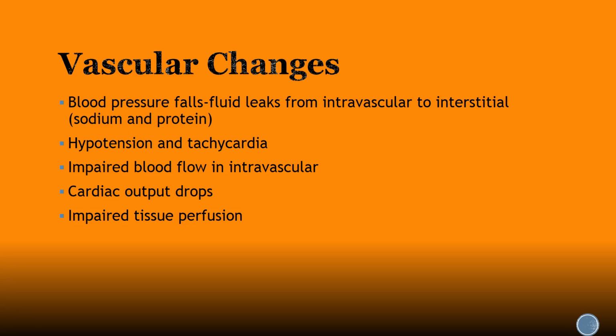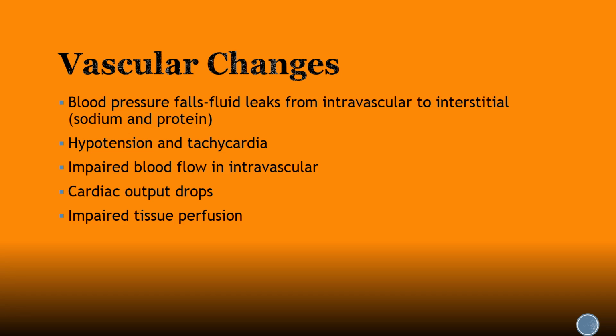I mentioned impaired blood flow. The blood vessels begin to constrict, and the fluid is leaking out and shifting. That leads to a capillary leak, or what's often referred to as third spacing.